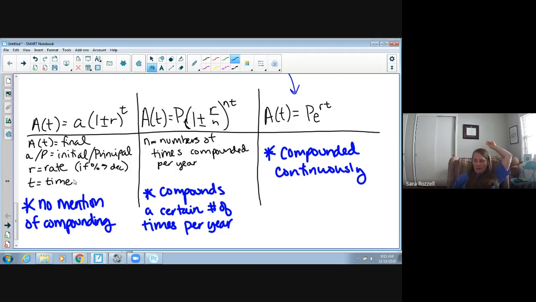So compounding is making the interest part of the investment that is earning interest. If we only compound it once a year, you're not making money on that interest at all during the year. But if we do it 12 times a year, or monthly, your interest gets added into your principal, and then you make more money on that each month.